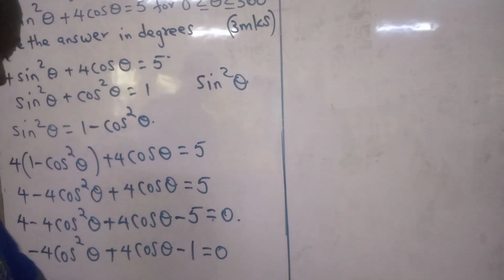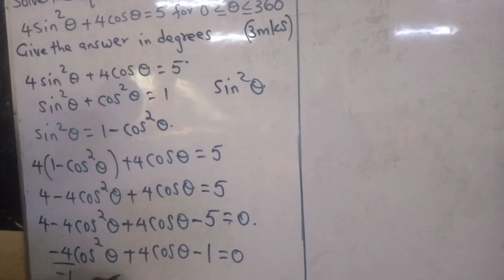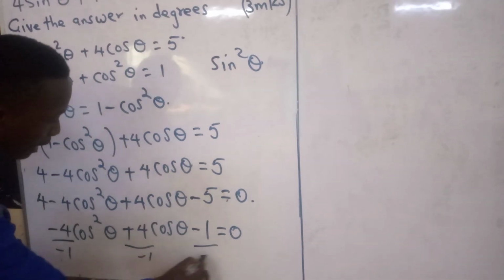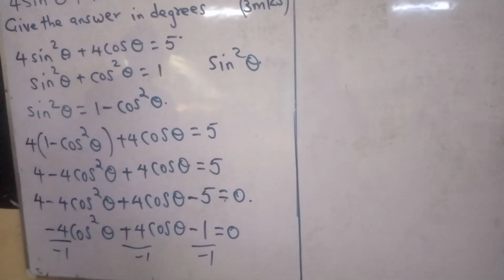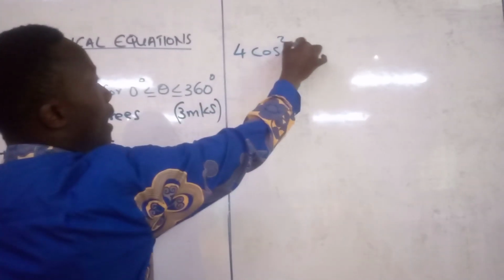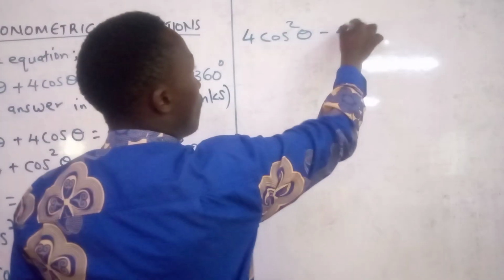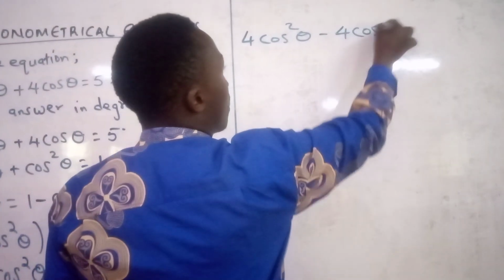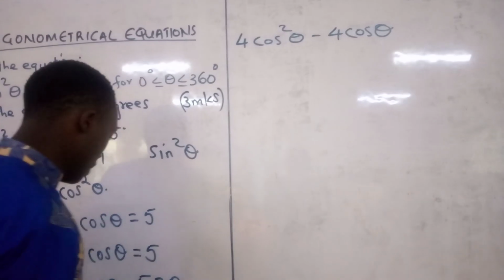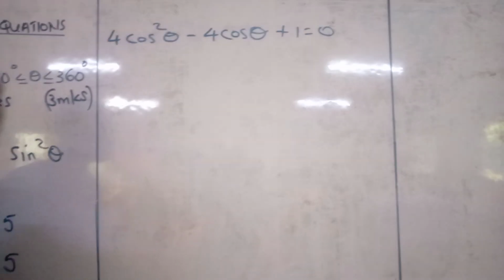We divide everything by negative 1 so that we can make the coefficient of cos squared theta positive. When we divide by negative 1, we are going to have 4 cos squared theta minus 4 cos theta plus 1 is equal to 0.